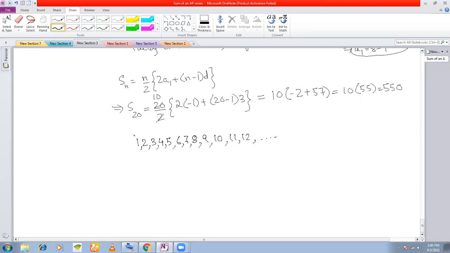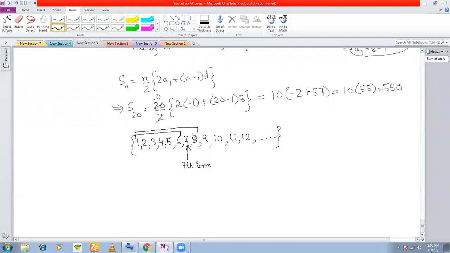This AP, right? Now, if you want to find out, let's say this one, this is the seventh term, how will you find out the seventh term if the sum of the first 8 terms and the sum of the first 6 terms are given to you?